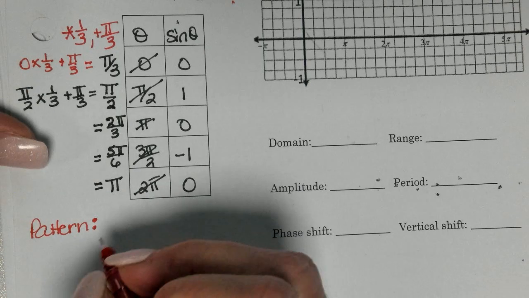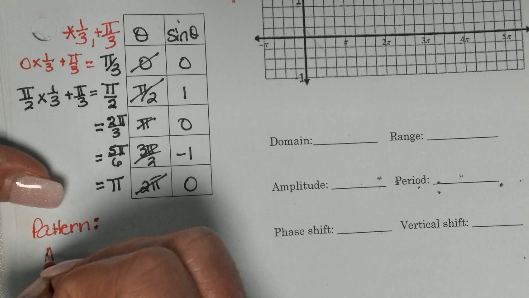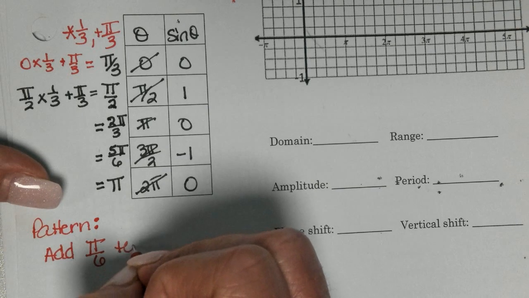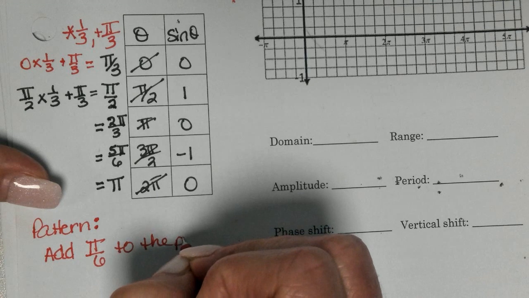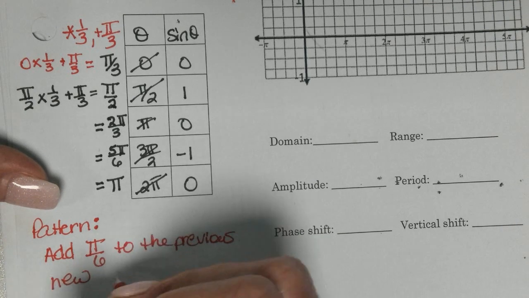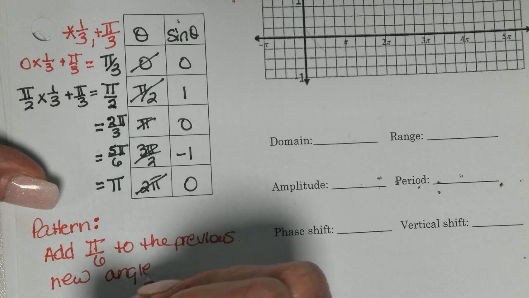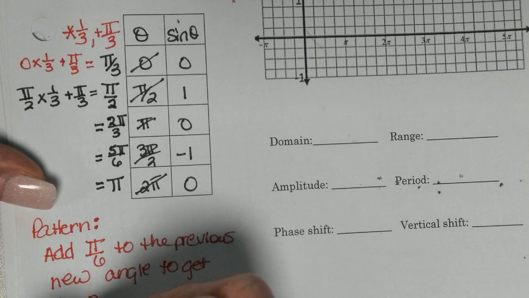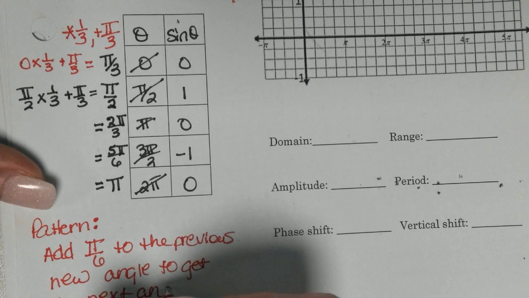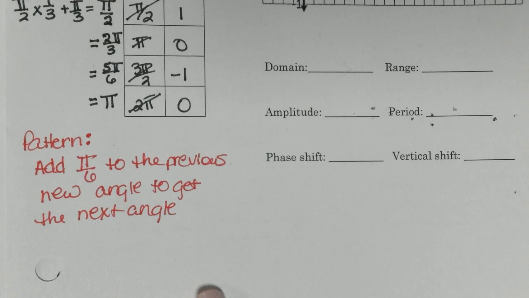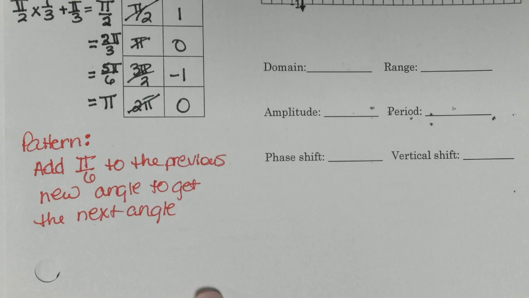But as far as the pattern goes, we are adding pi over 6 to the previous angle to get the next angle. That's our pattern. We're adding pi over 6, or 30 degrees. All right.